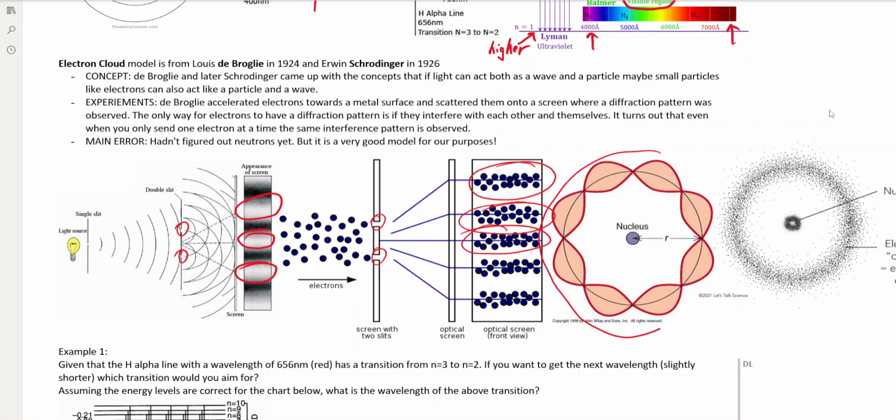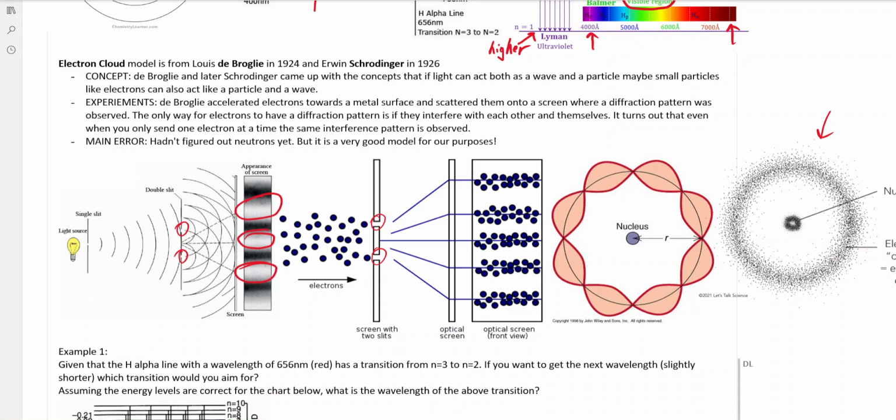You can see this idea of standing waves around that central nucleus, or you can look at a probability heat map of where the electrons might be. So just a couple different ways of showing it.